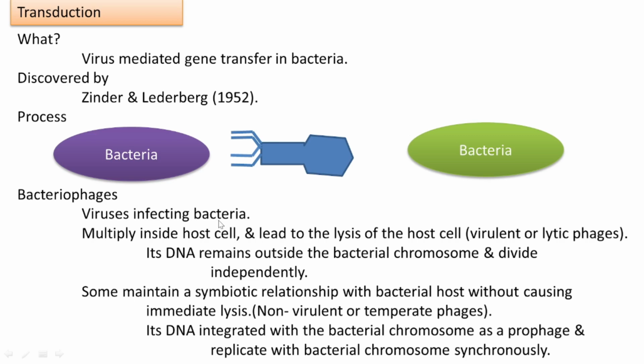After infecting the bacteria, they multiply inside that bacterial cell, that is the host cell, and later lead to the destruction or lysis of the host cell. Such bacteriophages are called virulent or lytic phages, because they result in the destruction of the host cell.